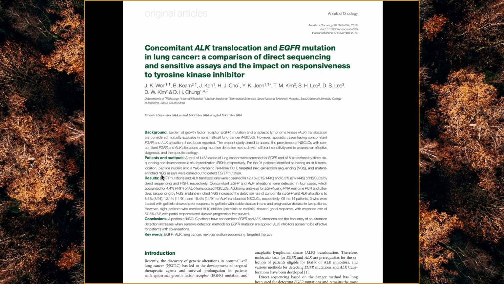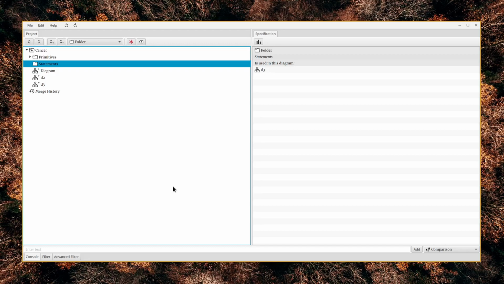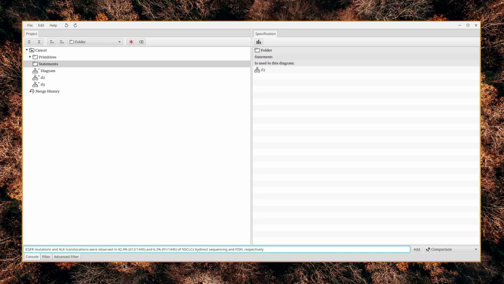Let's consider this sentence in the article. This sentence can be divided into separate parts. First part could be: EGFR mutations were observed in 42% of non-small cell lung cancers.